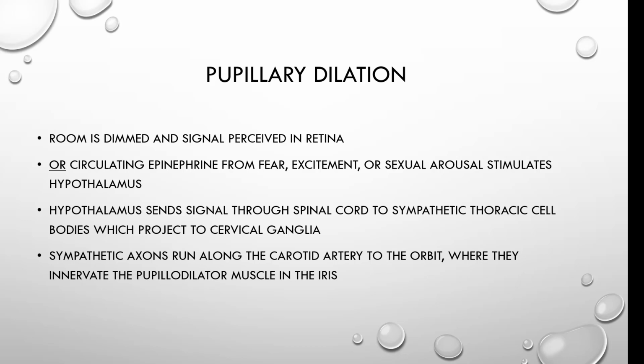Similarly, when dim light is perceived, there is a response of pupillary dilation. So when the signal that the room has been dimmed is received in the retina, and processed by the ganglion cells, a signal is sent to the hypothalamus.